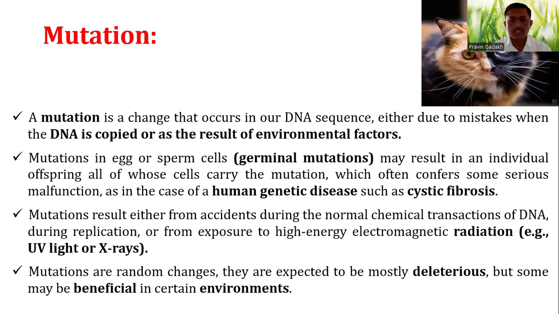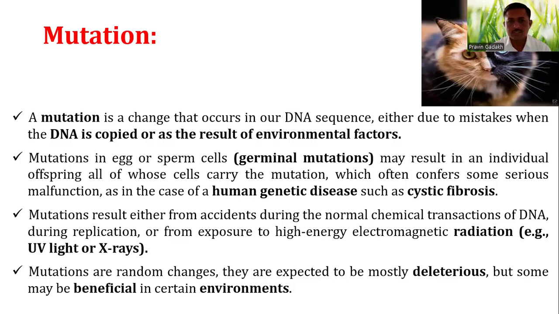Mutations in egg or sperm cells are called germinal mutations. This type of mutation may result in an individual offspring whose whole cells carry the mutations, which often cause some serious malfunctions, as in the case of human genetic diseases such as cystic fibrosis.